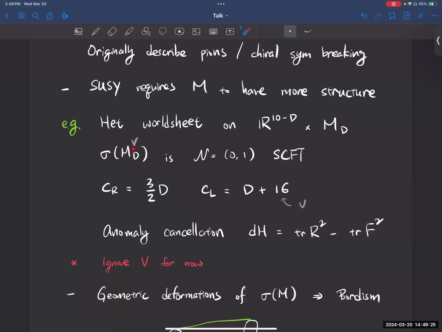But the heterotic string also has all these left-moving either fermions or bosons. So basically it's some kind of holomorphic vector bundle. More generally, you have some base M and you're allowed to equip it with more structure. I'm using this V to denote the fact that you can add a bunch more data into the definition of your theory.